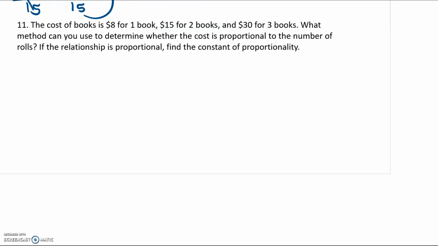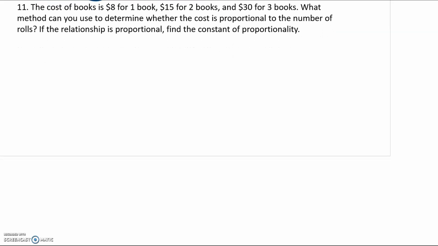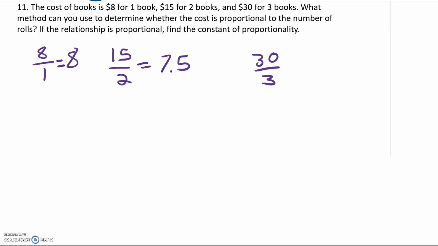All right, and number 11, our last question. So the cost of books is $8 for one book. So we can set these all up. $15 for 2 books, and $30 for 3 books. So again, we want to know, are these proportional or not? So 8 divided by 1 would just be 8. 15 divided by 2 is 7.5, and 30 divided by 3 is 10.